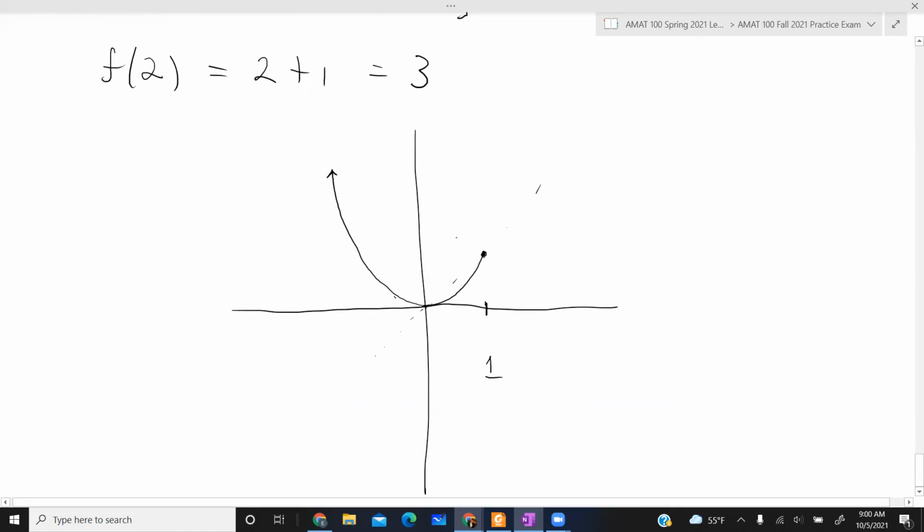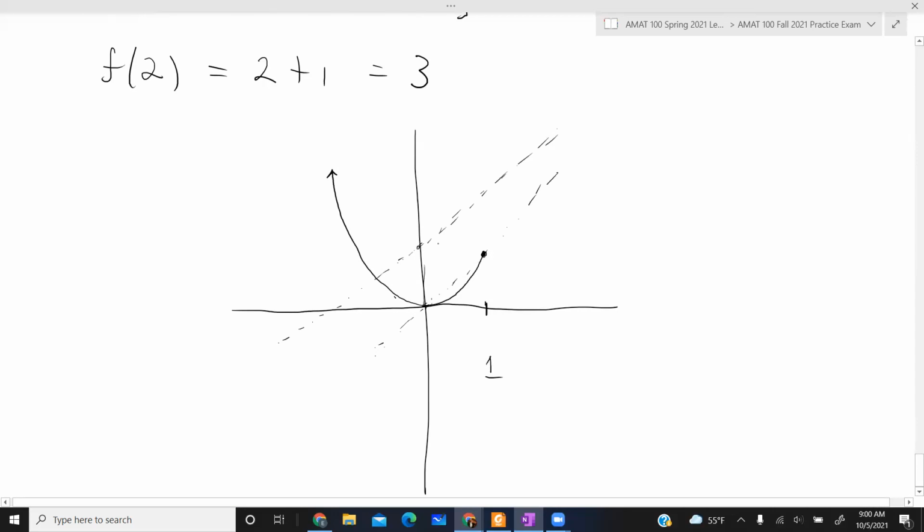Did I do this right? Oh yeah, I did. So if you take that line that goes through the origin and shift it up 1 unit, it goes here. You get this line that goes like this now.